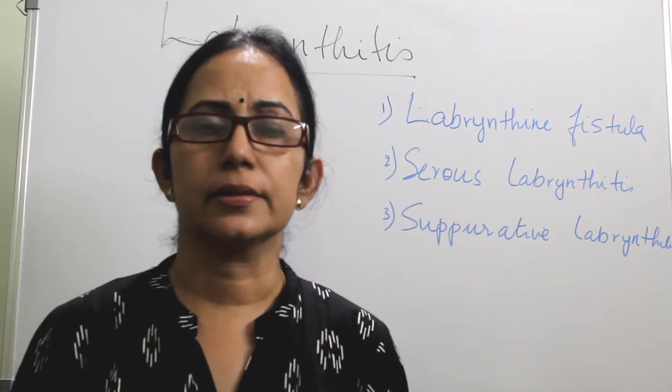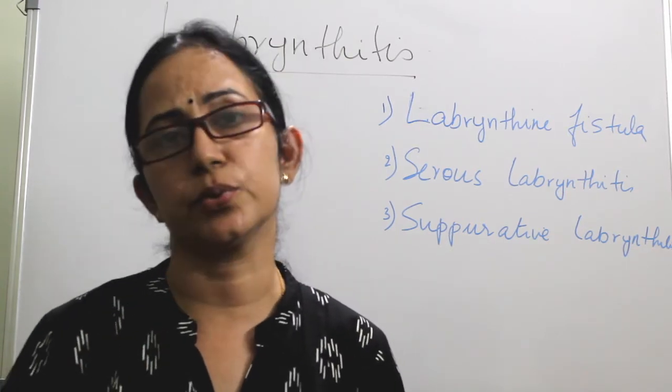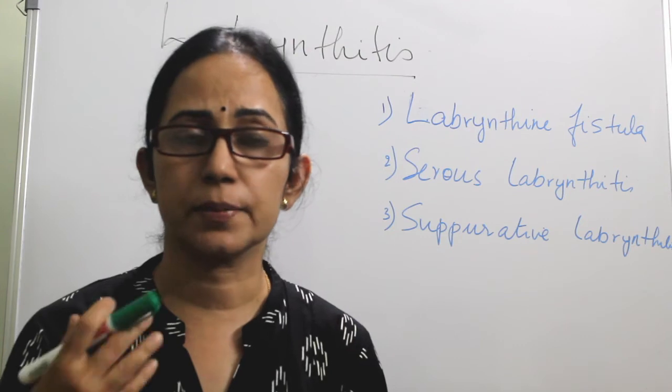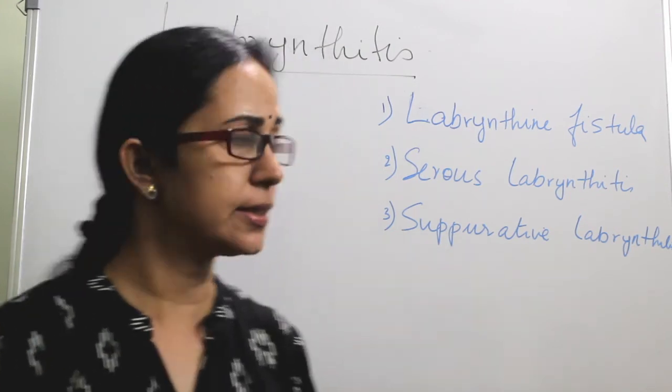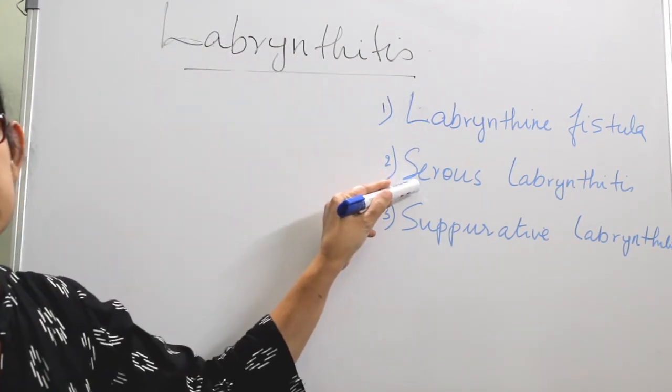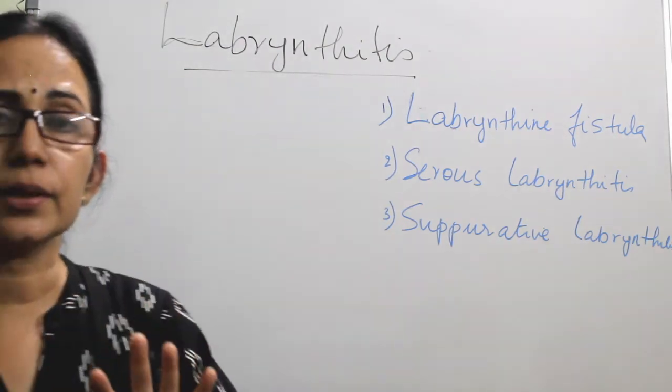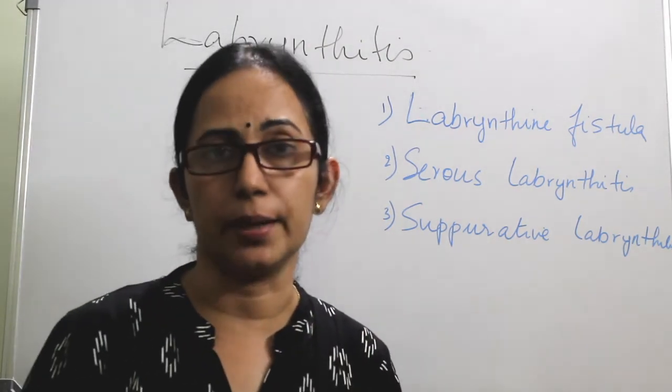The third one is the suppurative labyrinthitis. In this case, there is bacterial invasion into the labyrinth. So it is much more serious and complicated than serous labyrinthitis. There are three routes of infection to the labyrinth.